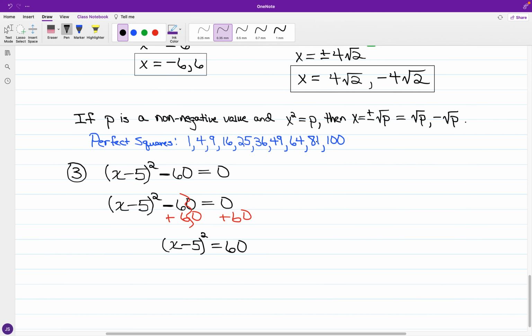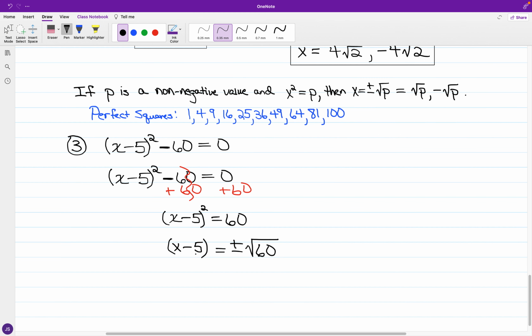So in terms of going from the square of the expression to the first order, conceptually you have x minus 5 to the first, and to the right we have 60 representing p. So we have x minus 5 equal to plus or minus the square root of 60.